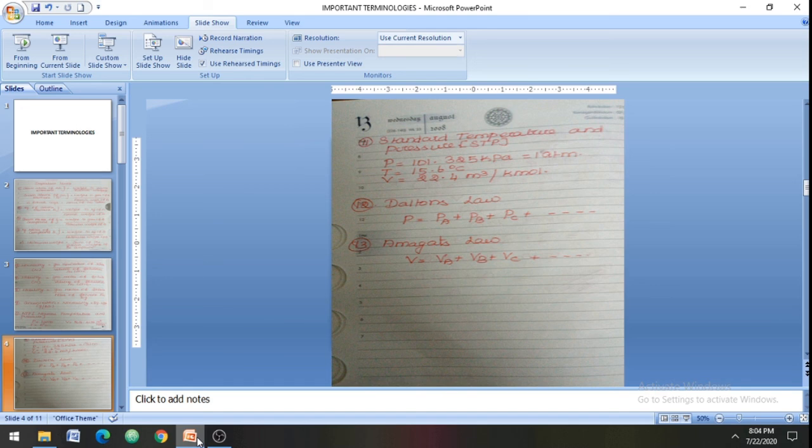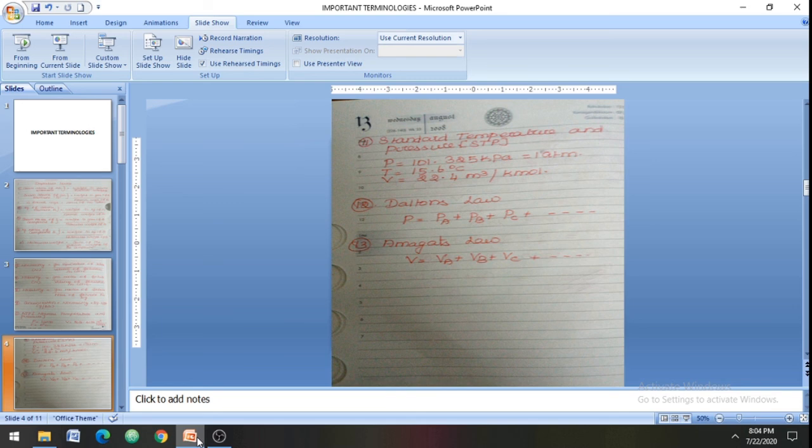Here PA plus PB plus PC. Total pressure P is equal to the sum of individual component pressures. In this case we consider components A, B, C. If you have D or E or F, you add all the values.